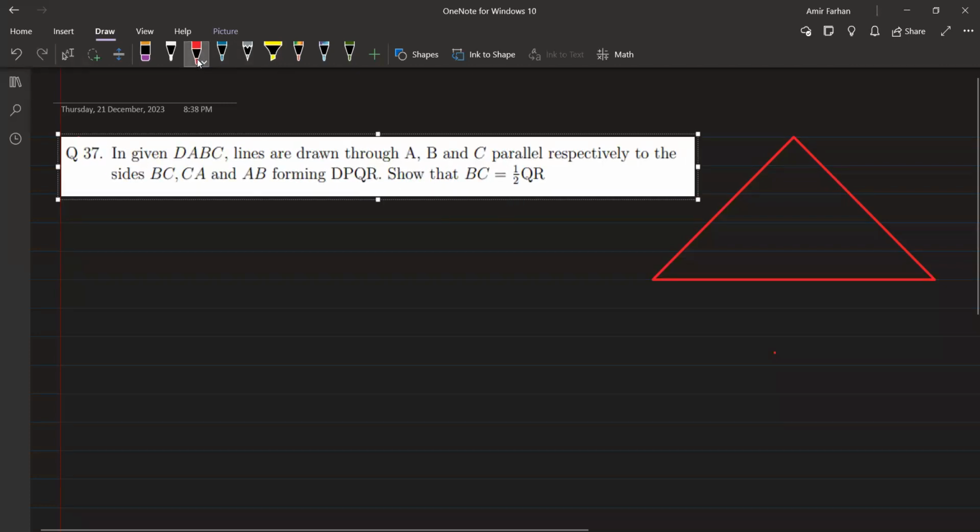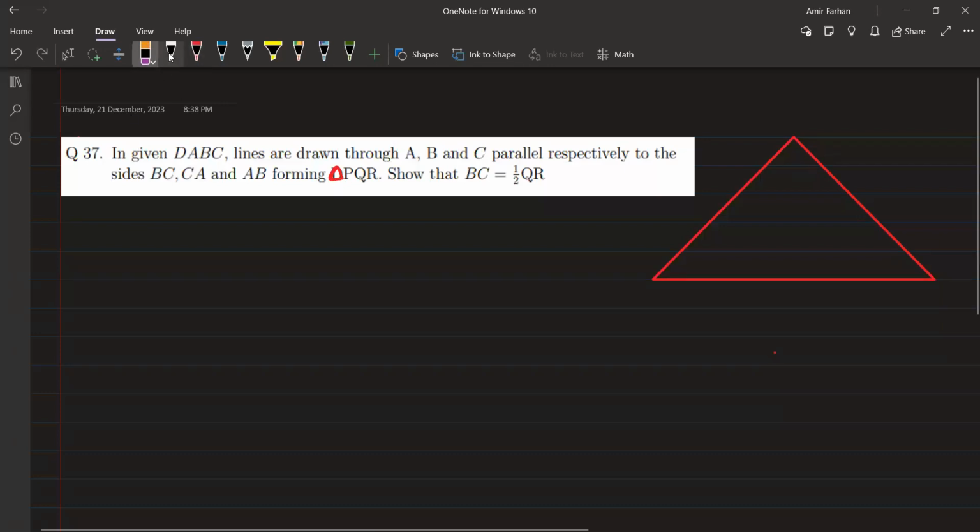So this is the question, in the given triangle ABC. Just a second. It's not a delta sign, it's a triangle. There's a typing mistake right there. Okay, it's a triangle.